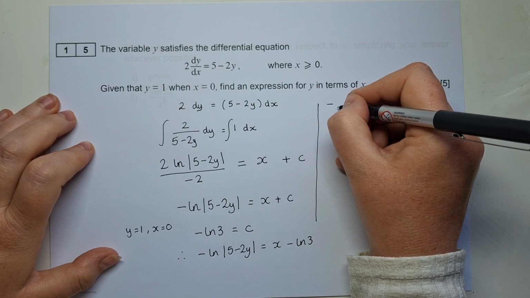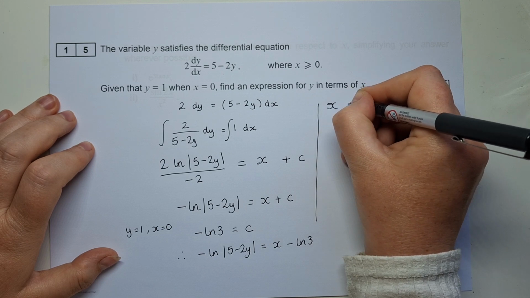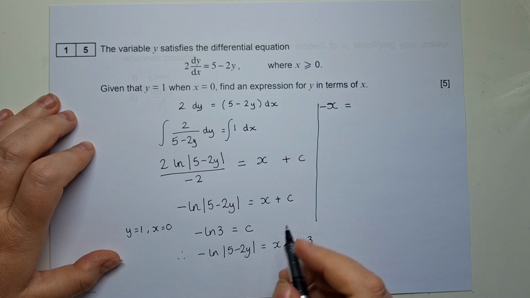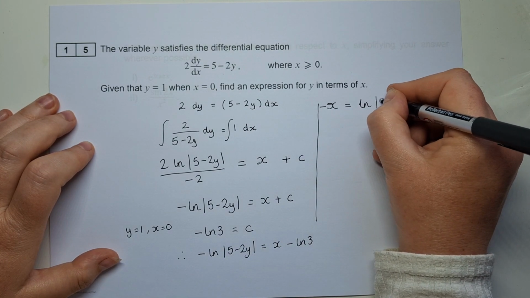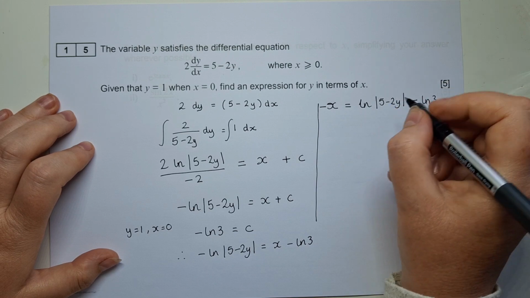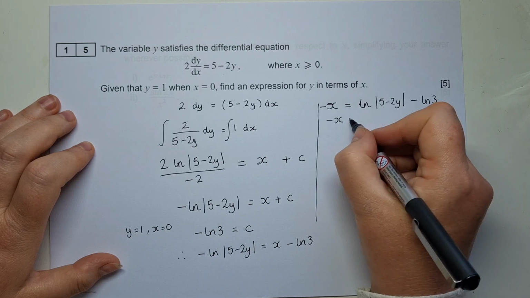Let's hop the x across, I think. So say minus x, just because I think I might want my y's to be positive. So that would give me positive ln 5 minus 2y minus ln 3. Don't know if it's really going to make that much difference, but join them together.